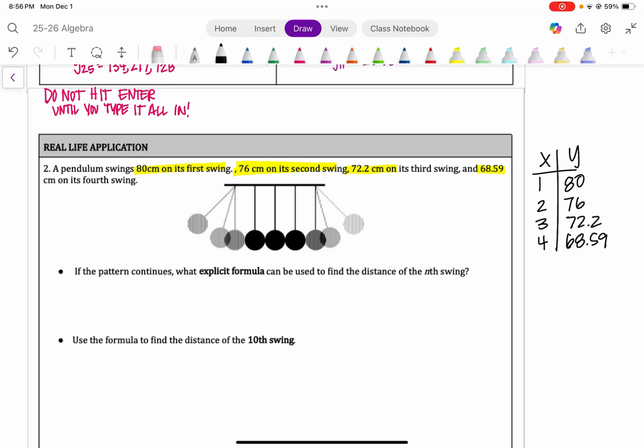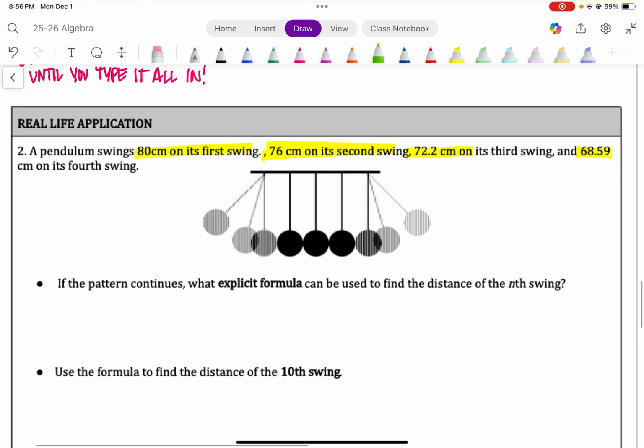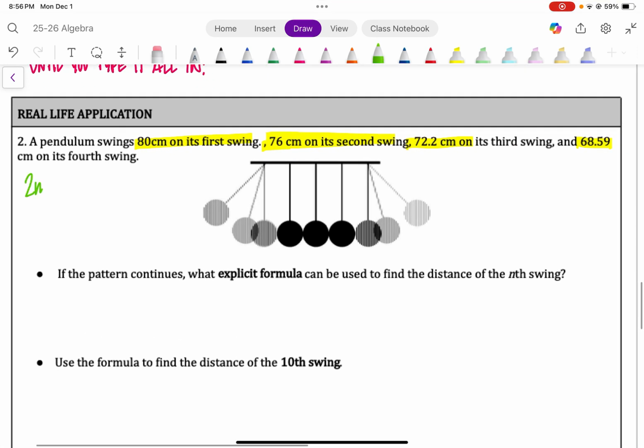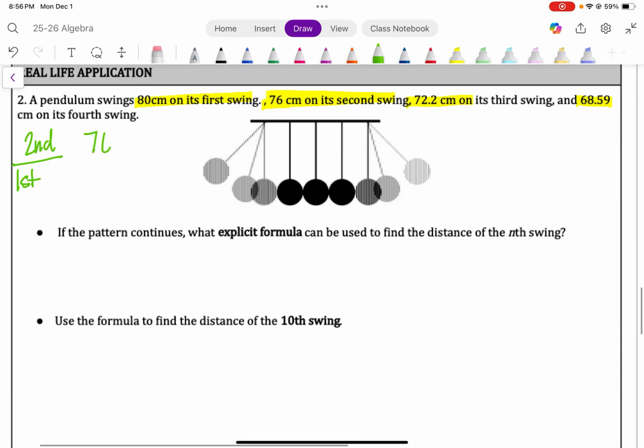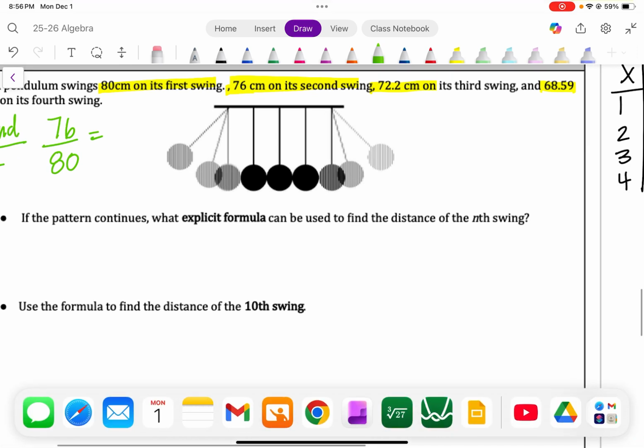So what I want to do is find a common ratio by saying, okay, the second swing is what percent of the first swing? The second swing is 76, but the first swing is 80. And we want the decimal value for that.